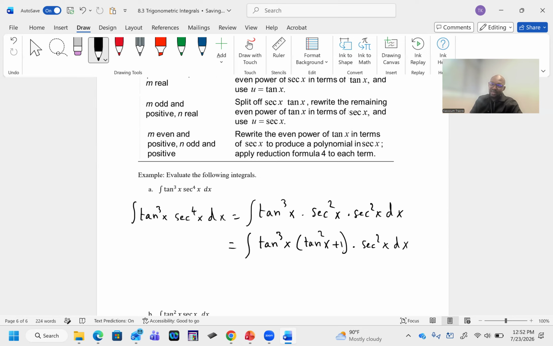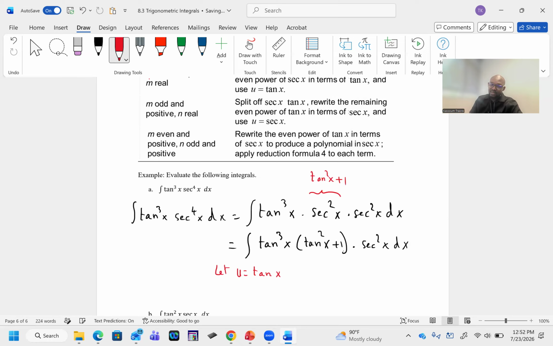So now I can use my substitution. Let u be equal to tangent x. Again, do not forget your identities: secant square is the same thing as tangent square of x plus 1.